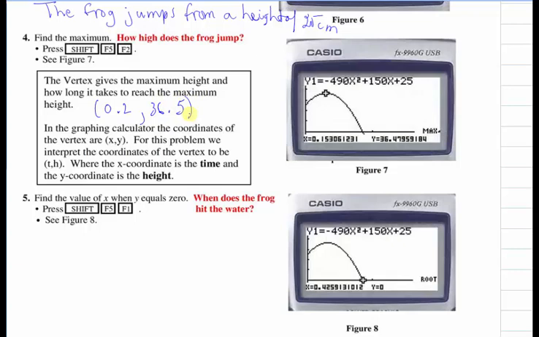Okay, so this means that the frog reaches a height of 36.5 centimeters after 0.2 seconds. Okay, so when it reaches a height of 36.5 centimeters, it takes 0.2 seconds to reach that height.